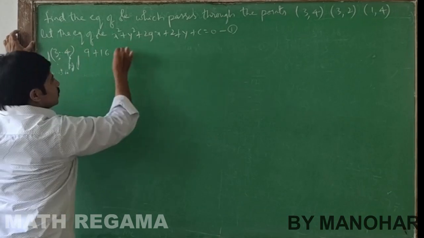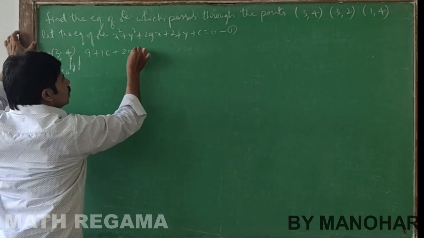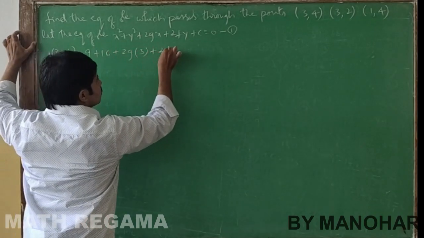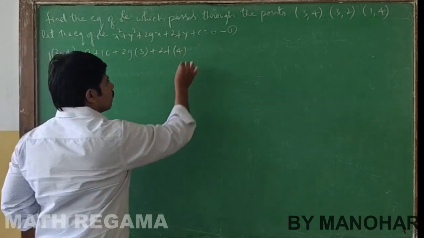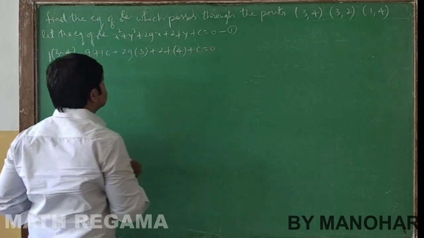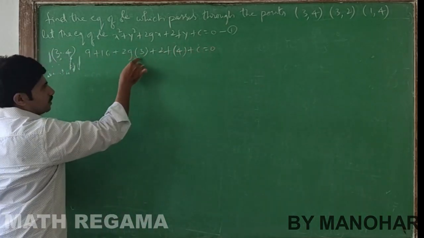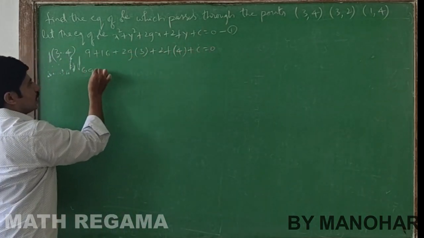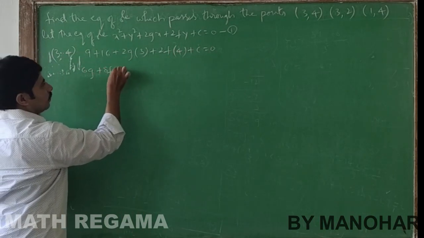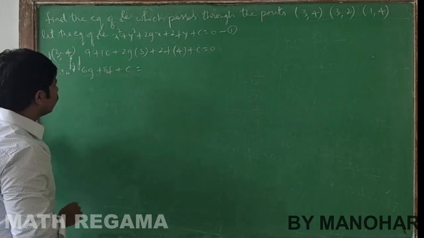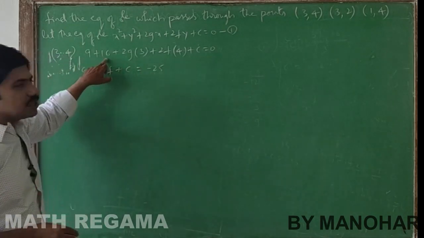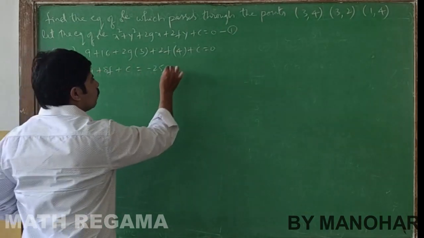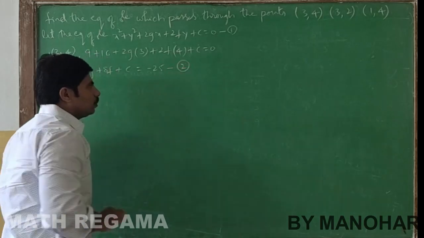This 3 I will substitute instead of x: 2g into 3 plus 2f into 4 plus c is equal to 0. So first I will simplify this: 6g plus 8f plus c is equal to minus 25, because 9 plus 16 is 25. So we get equation 2.